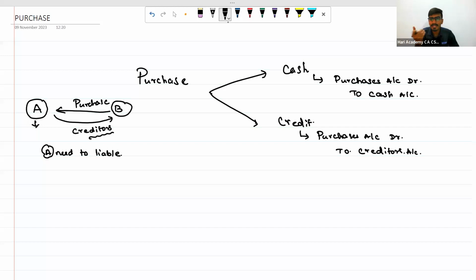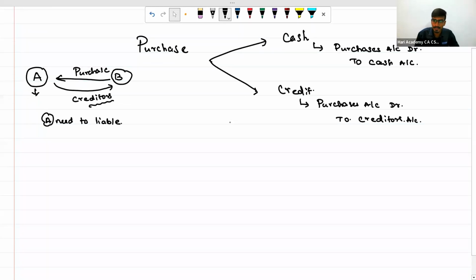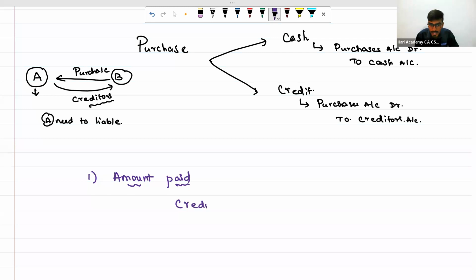So when cash is done, credit is done. In credit only we will have the risk. Suppose by God's grace, we have paid all the amount. What is the journal entry we will pass? It is my creditors, my liability, I am going to cancel it off.